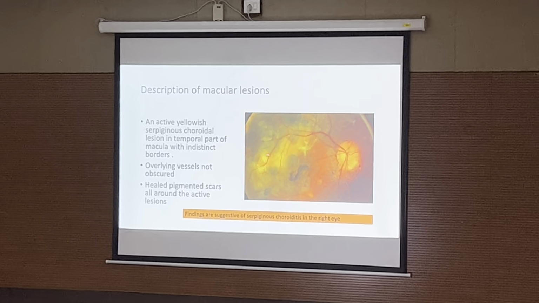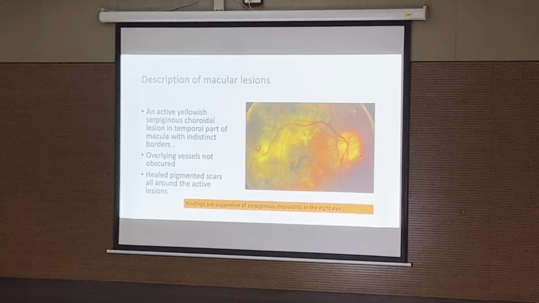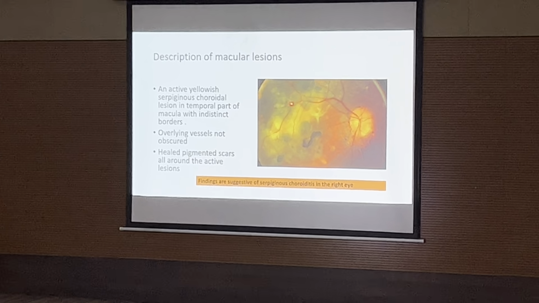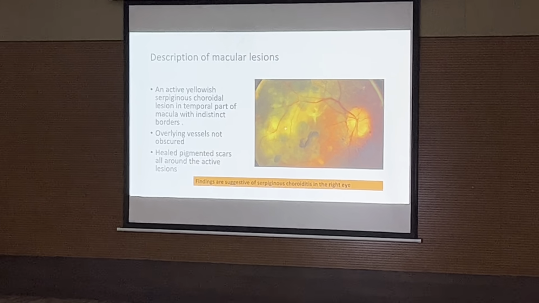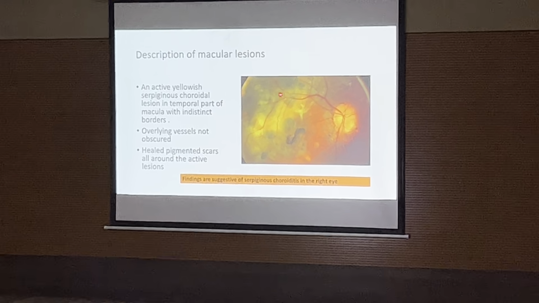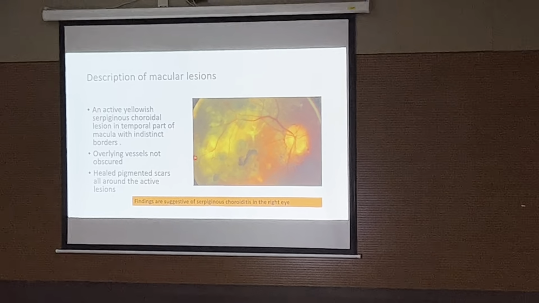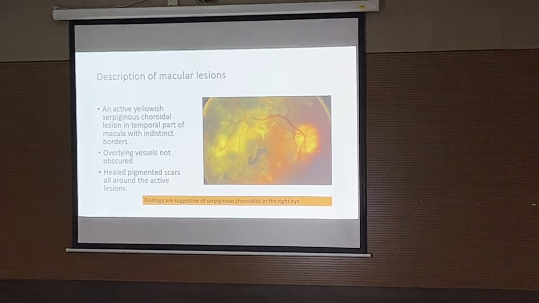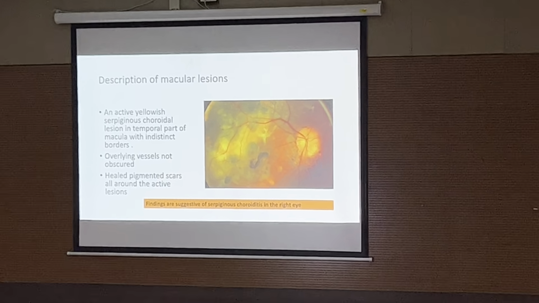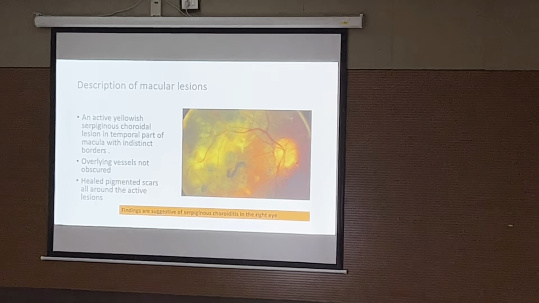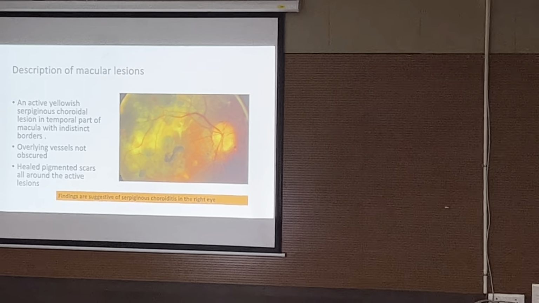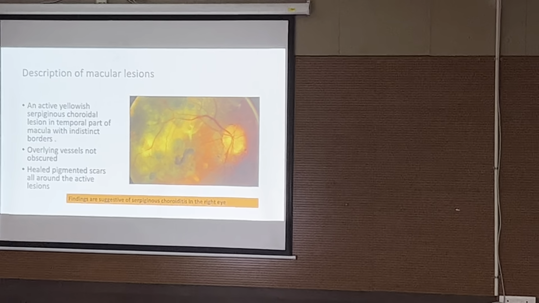In the macular area, we can see a yellowish serpiginous lesion with indistinct borders. Overlying vessels are not obscured. Adjacent to this patch, we have pigmented healed scars all around in the macular area. So all these features are suggestive of choroiditis in the right eye. From there on, your viva will start. Okay, your diagnosis is right eye serpiginous choroiditis. Then will come the differential diagnosis, investigations required, the treatment required.